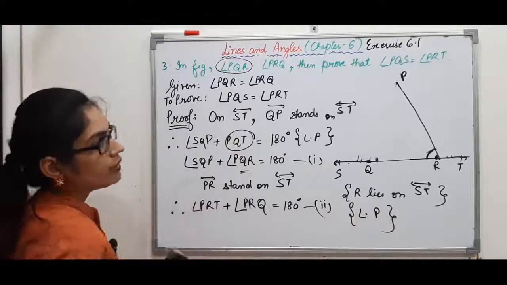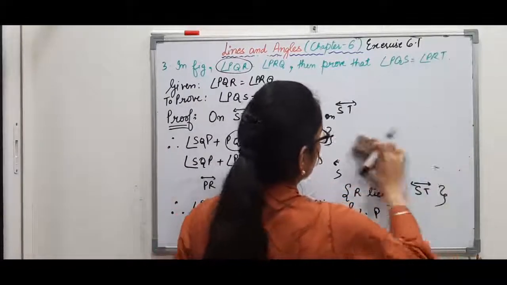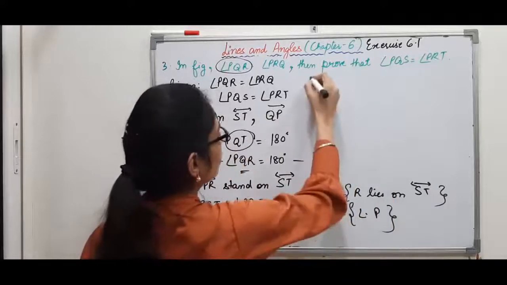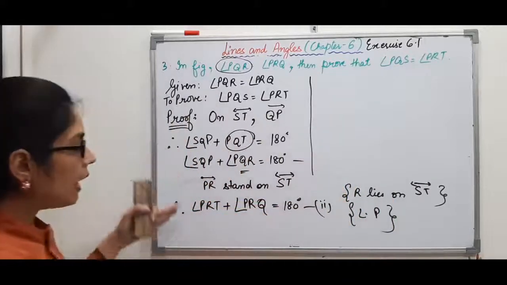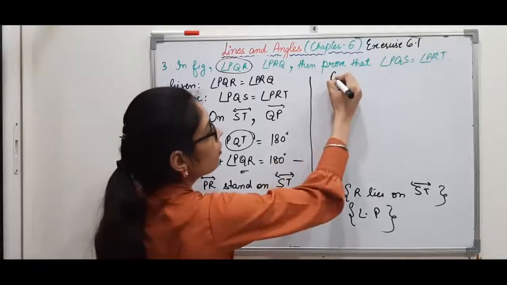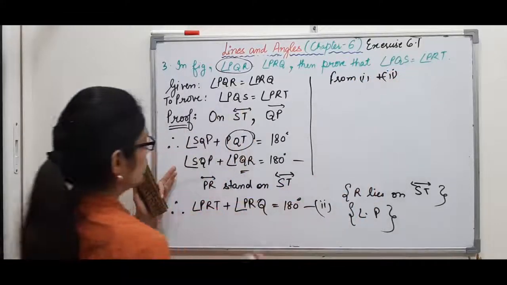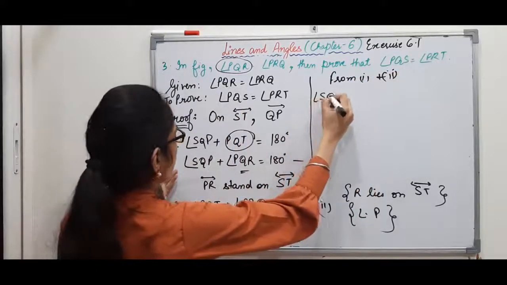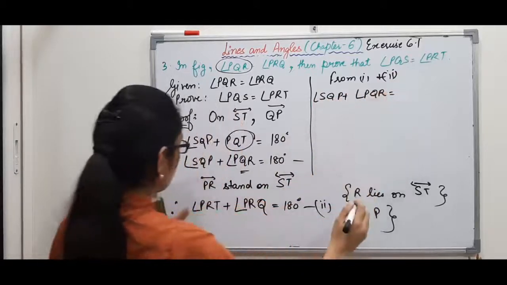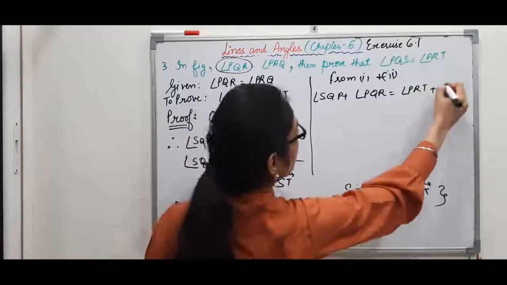Now both of these are equal to 180 degrees. As I explained in the first question, if two things are equal to a common term, they are equal to each other. So from 1 and 2 we can write angle SQP plus angle PQR is equal to angle PRT plus angle PRQ.